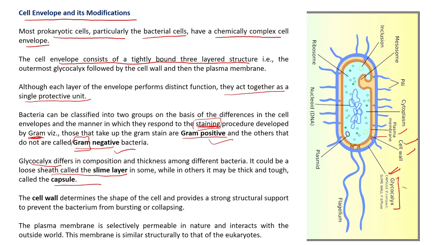The cell wall determines the shape of the cell and provides strong structural support to prevent the bacteria from bursting or collapsing. The plasma membrane is permeable and interacts with the outside world.